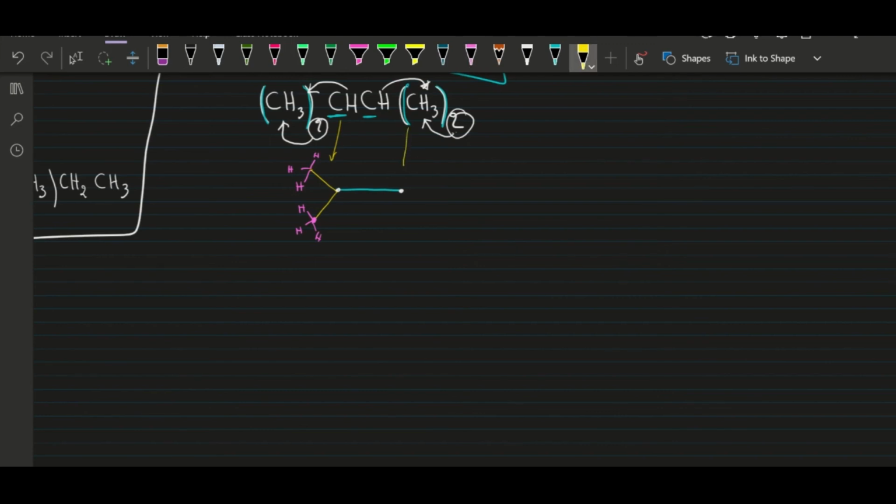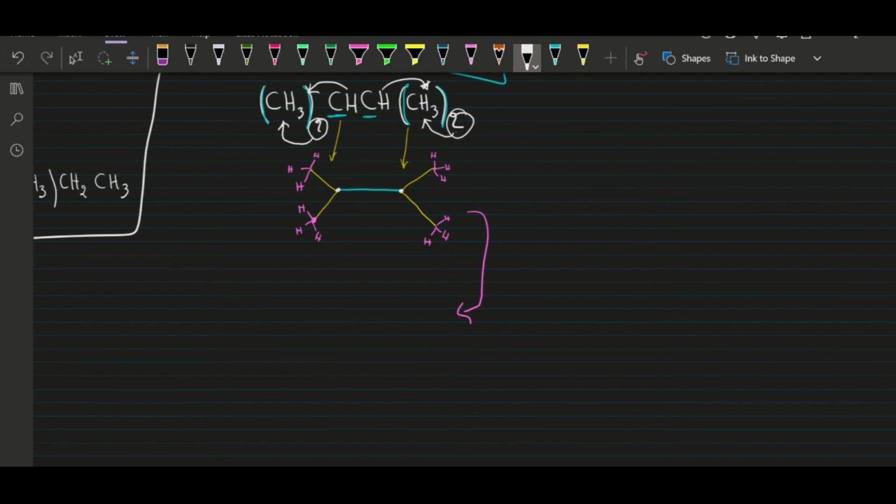And then the same thing goes for this carbon, and it's gonna have 2 CH3s. Each one is an end carbon, so it's gonna have 3 more hydrogens that will not show.